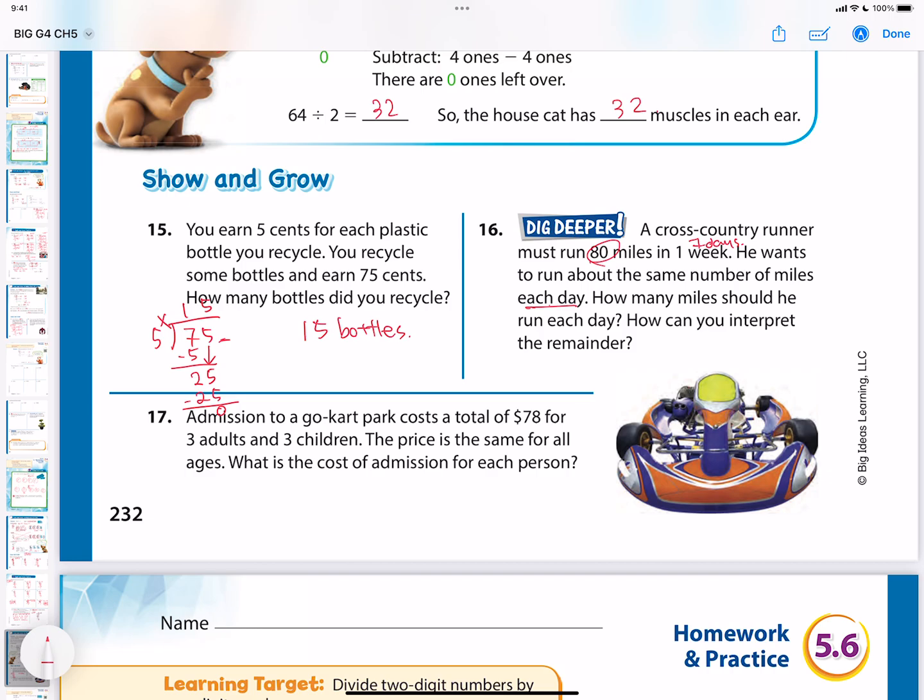How many miles should he run each day? And how can you interpret the remainder? That's going to be fun. So now you need to divide 80 miles by 7, because they want to know how many miles the runner has to run to meet this goal of 80 miles in 1 week.